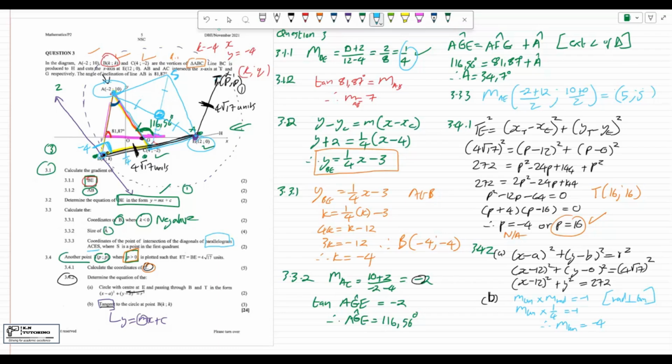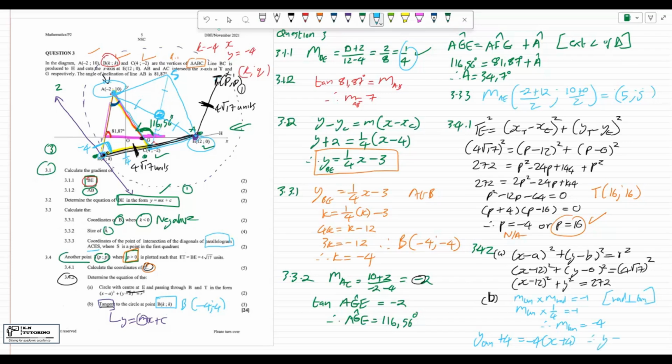Now I need a point where that line is passing, and it's passing at B. And we know that the coordinate of B is -4 and -4. So I'm going to say y minus the y-value at B, minus -4, equals the gradient -4 times x, and the x value at point B is -4, so minus -4 is plus 4.